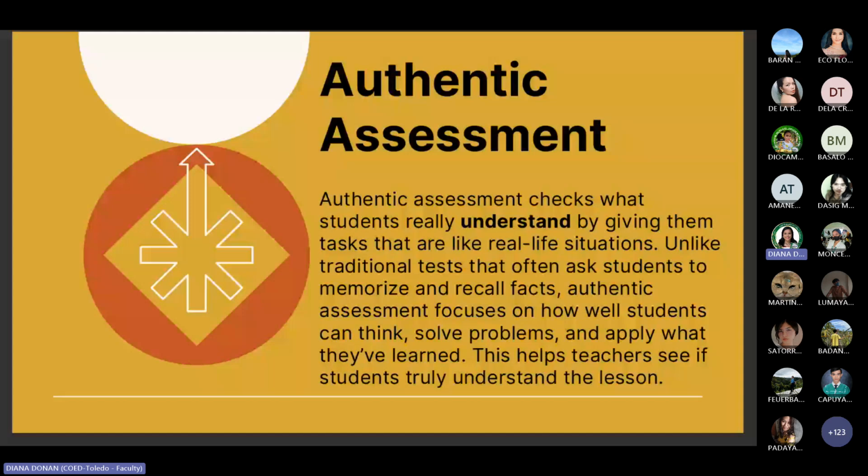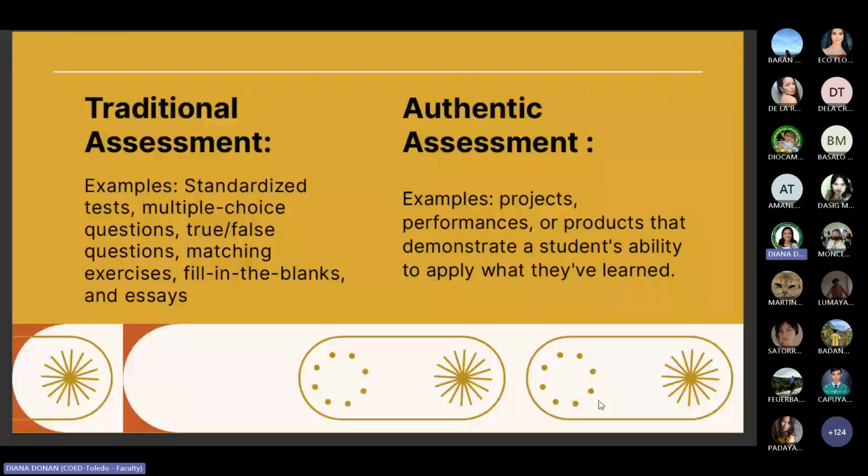Okay, let's take a moment to contrast traditional assessment with authentic assessment. Traditional assessment usually involves paper and pencil tasks like multiple choice, true or false, and matching type questions. Now, these tools often measure how well students can memorize or recall the information. On the other hand, authentic assessment goes beyond memorization.